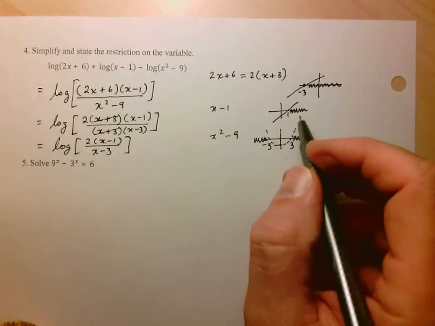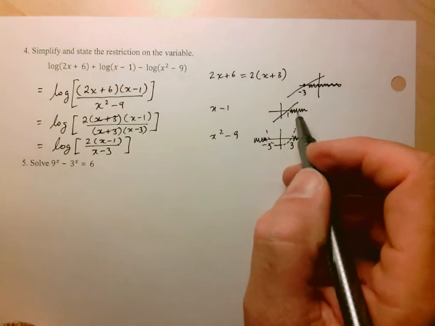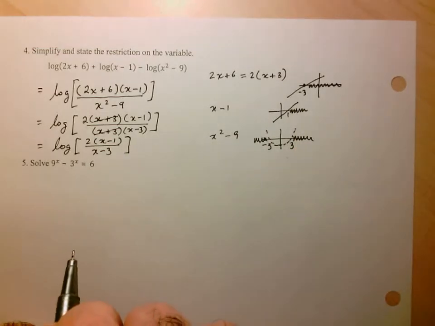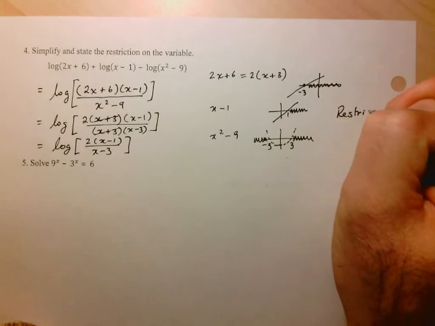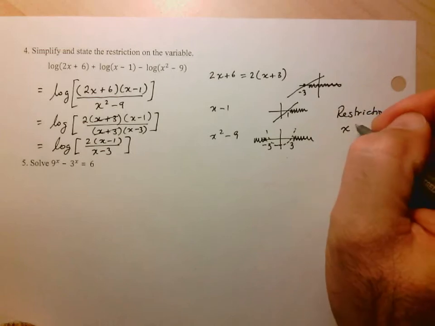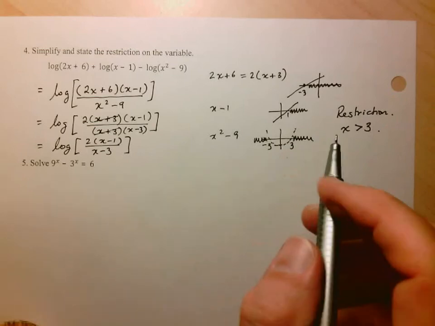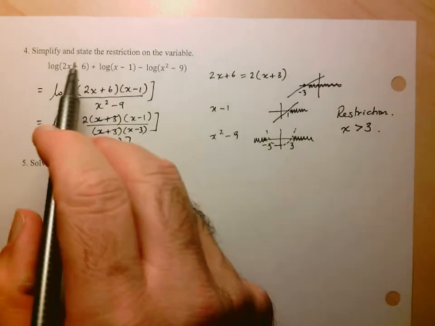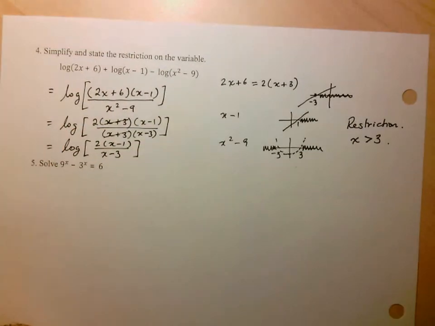Again, between 1 and 3 was okay for the first two expressions, but not for the third. So the restriction on the variable is that x has to be strictly greater than 3, because those are the only values that make all 3 original expressions positive.